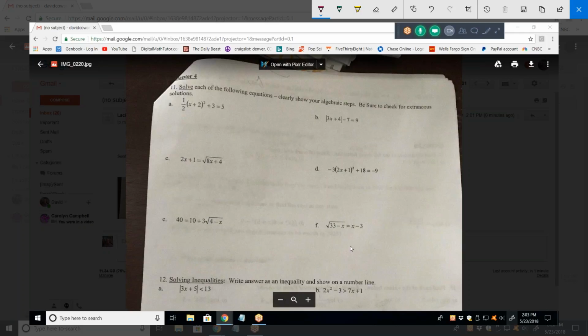First step. Get rid of the radical sign by squaring both sides.